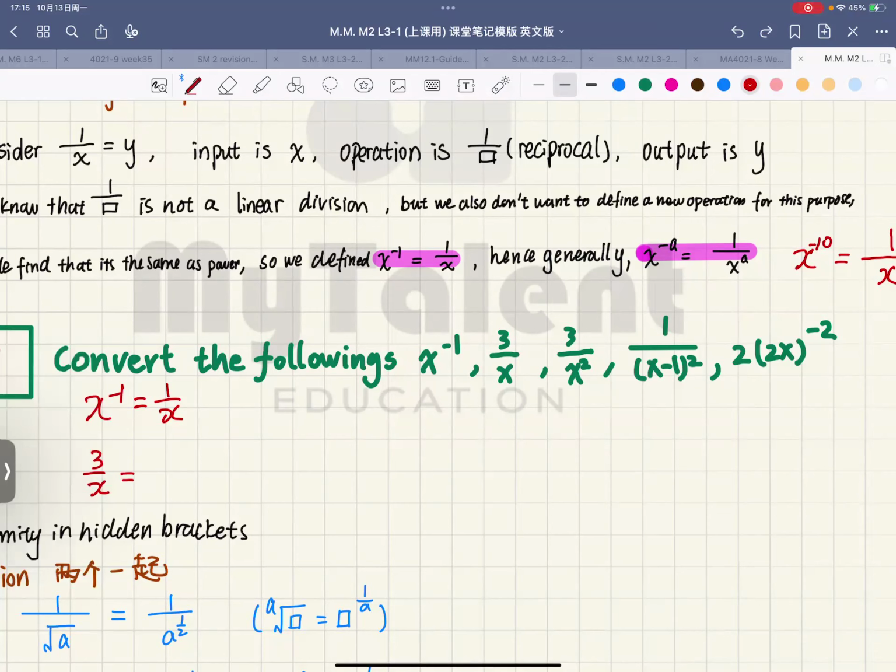Basically, 3 over x is equal to 3 times 1 over x, and 1 over x is equal to x to the power of -1. All right, that's the full process. All right, next one. 3 over x to the power of 2. Emily. 3x to the power of -2. Very good.